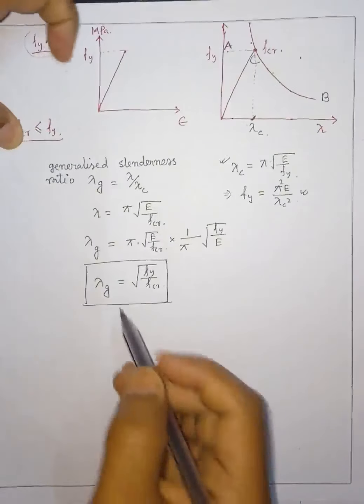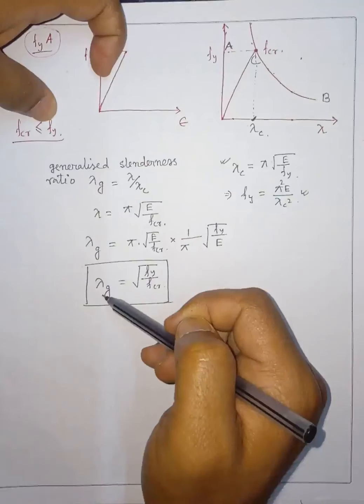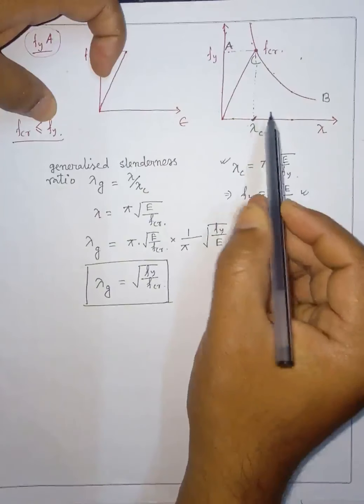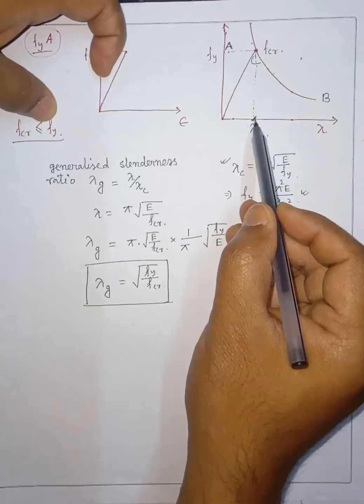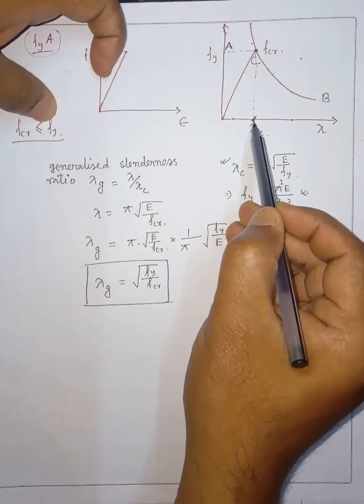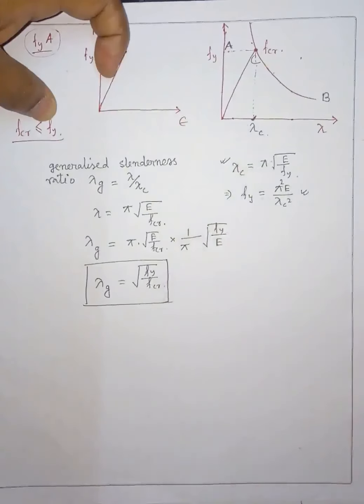Okay, so what is the speciality of this lambda g? At this lambda g point, that means, what would be the value of lambda g for this point? For this point, this Fy and this FCR are equal.